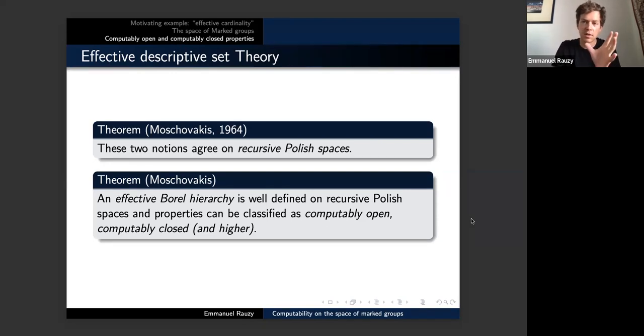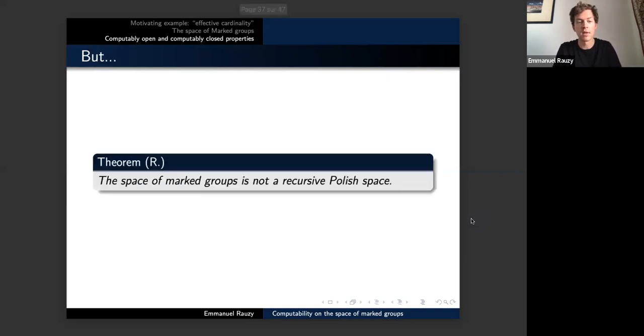I haven't defined recursive Polish spaces in this talk, and the reason is that the space of marked groups is not a recursive Polish space. This is very interesting because it means that the space of marked groups, even though it's defined in classical mathematics, right away has some undecidability related to it.